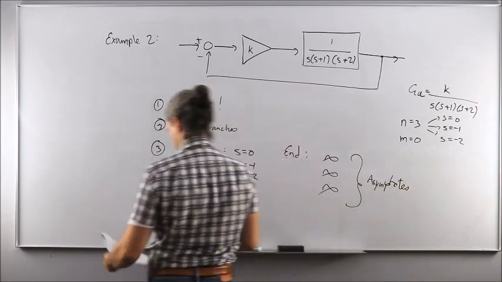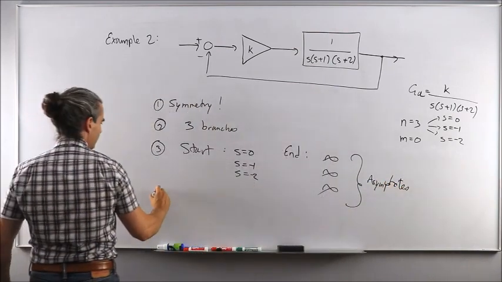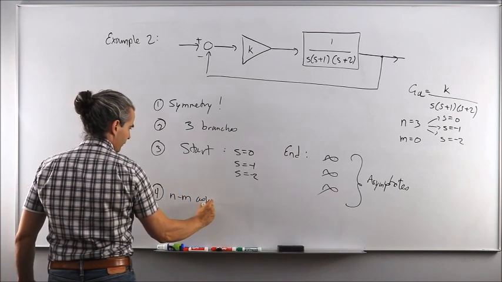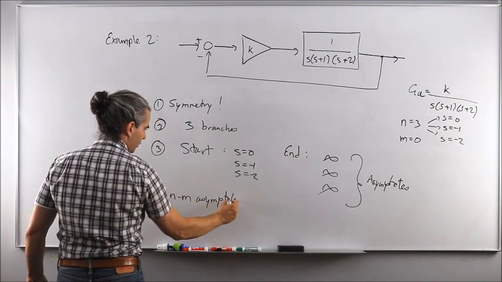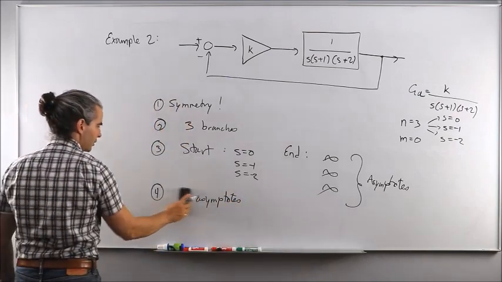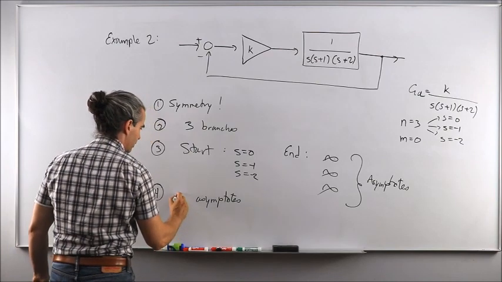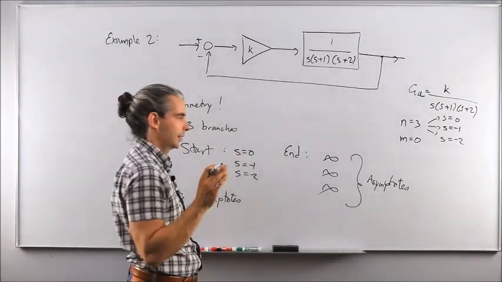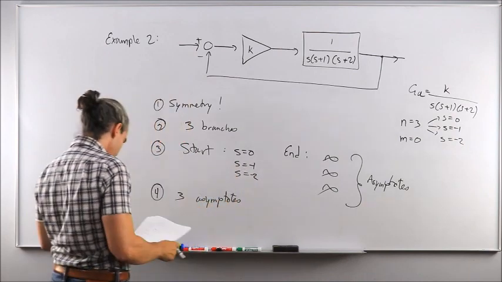Okay, because in step 4, n minus m asymptotes. N minus m in my case is 3 minus 0. So I've got 3 asymptotes towards which my poles will fly off at k equal infinity.